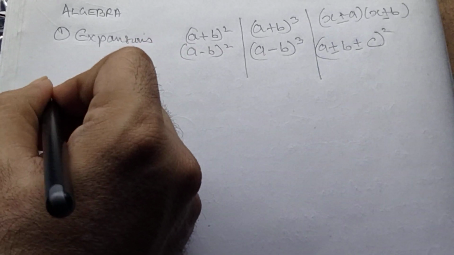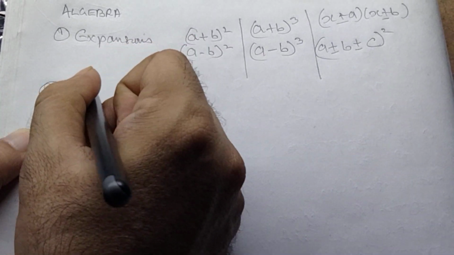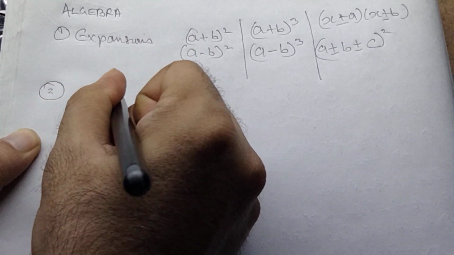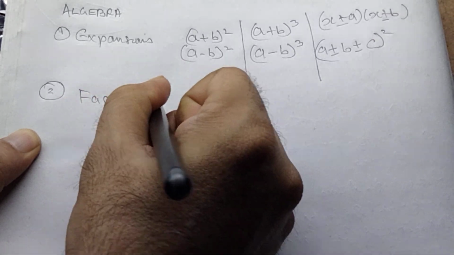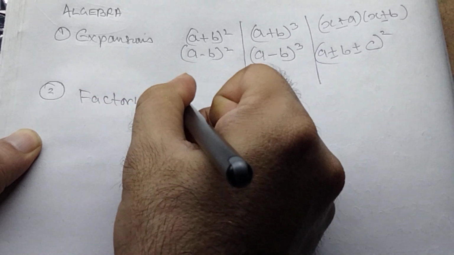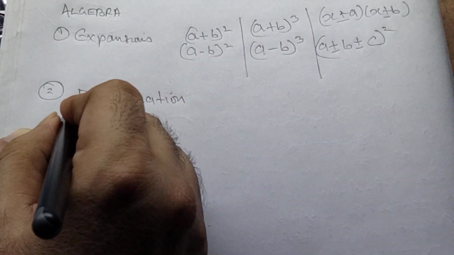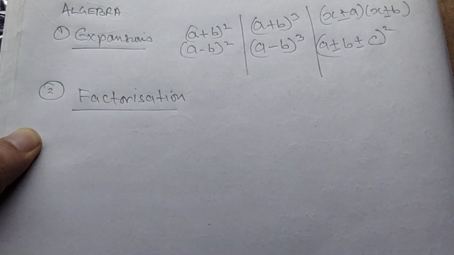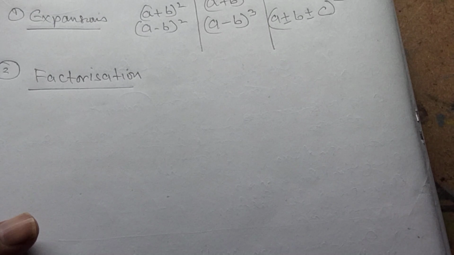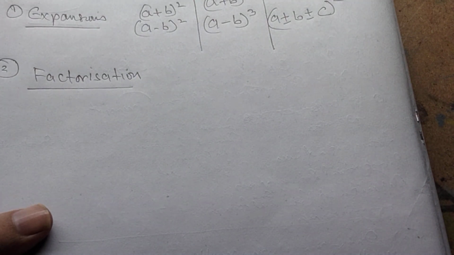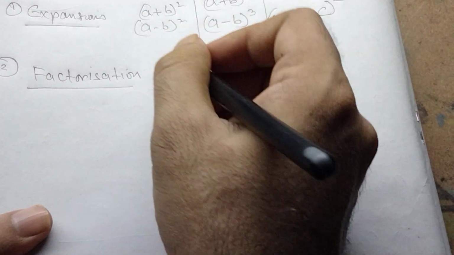Second point you have to know is factorization. Okay, factorization. In factorization, there are 3 simple things you have to know.